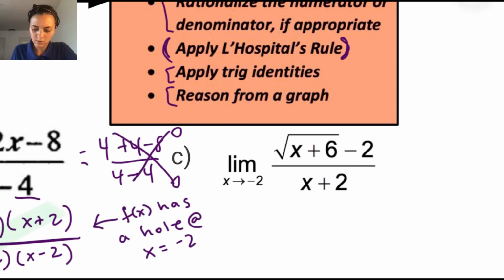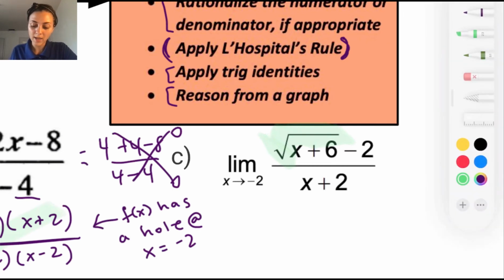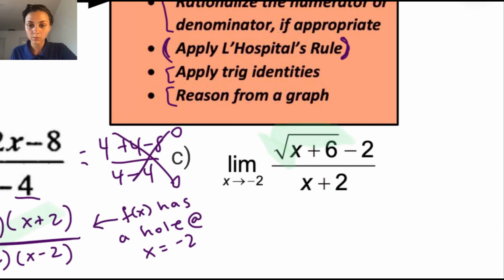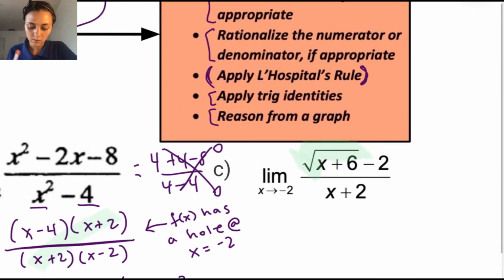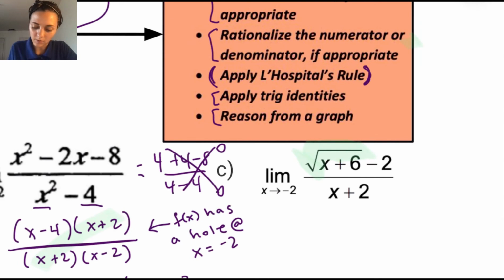This little square root here is called a radical. Square root is also called a radical. So rationalizing means getting rid of the radical. So the way to get rid of a radical is to multiply by its conjugate. Okay? So I'm just going to add that vocabulary for those who aren't familiar with it.